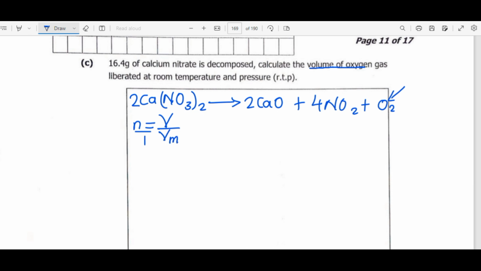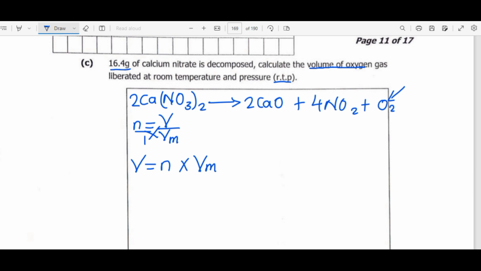So if we make V the subject of the formula, volume, the one that we are solving for, is equal to number of moles multiplied by molar volume. Now we don't have to worry about molar volume, we are given the condition, which is RTP. So our task here is to find the number of moles for calcium nitrate, since the mass is given.